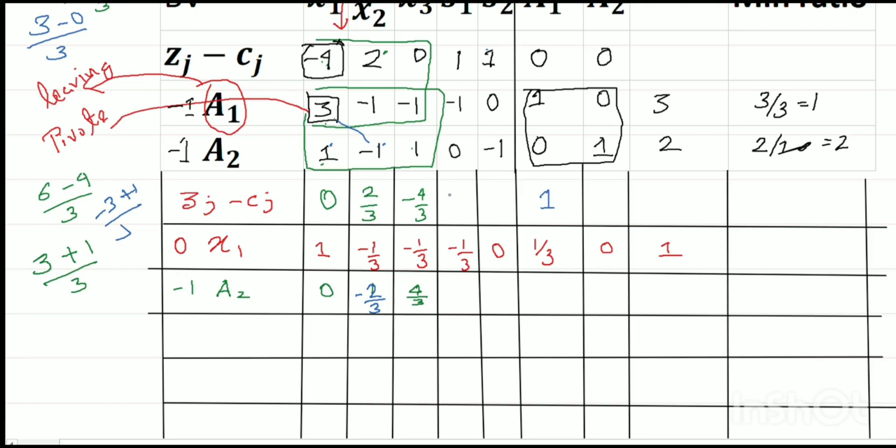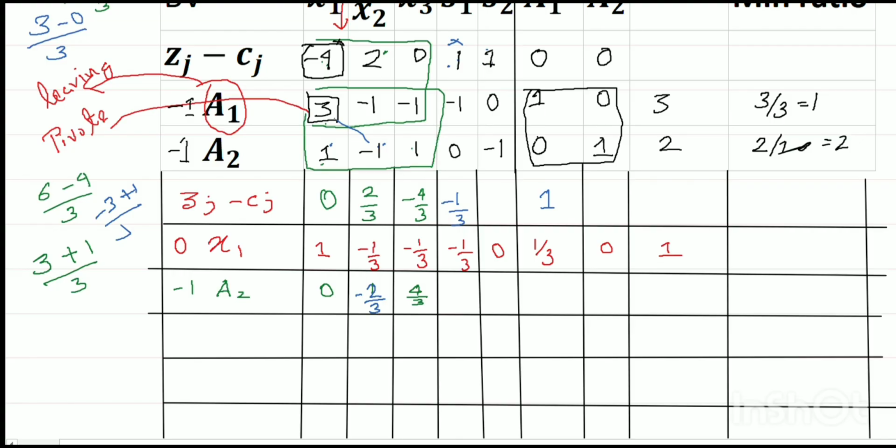This value, proceed the same way. 3 into 3, when I cross this portion, 3 into 3 and minus 1 into 4, so it is 3 minus 4, this is minus 1, so it is minus 1 by 3.